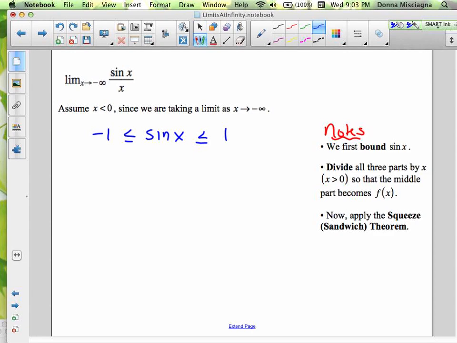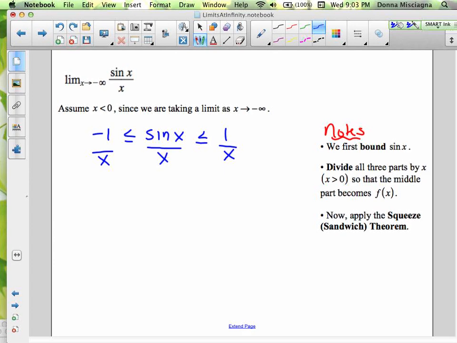And now we're going to divide everything by x. The only thing is that x now is a negative number. It's decreasing without bounds. So we have a little bit of a problem here.